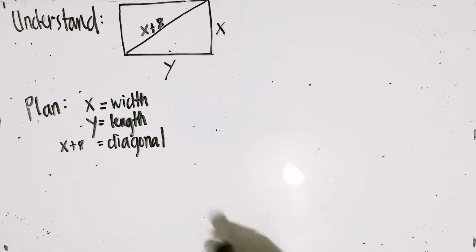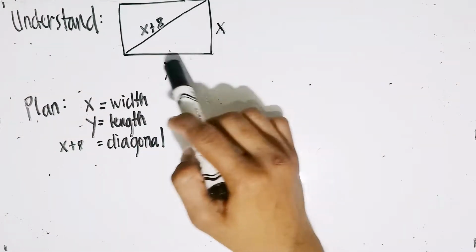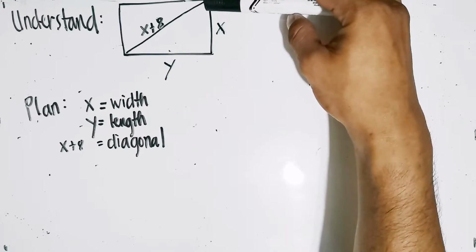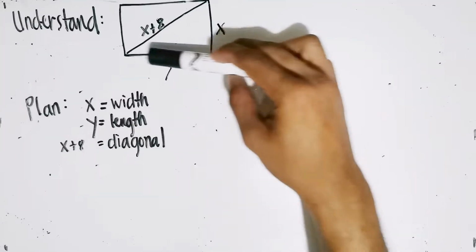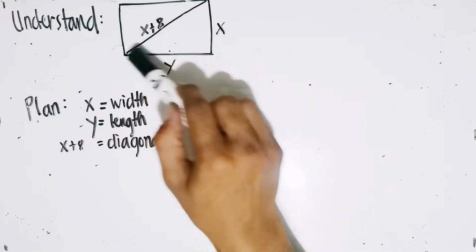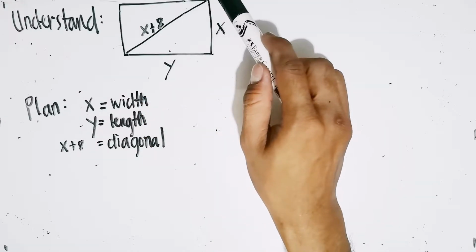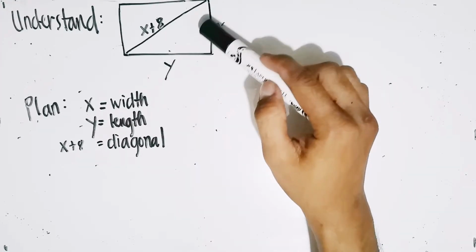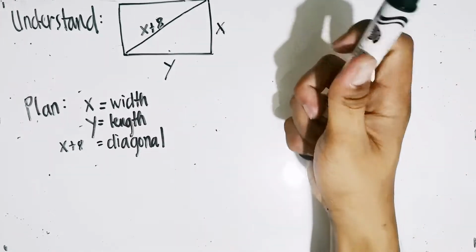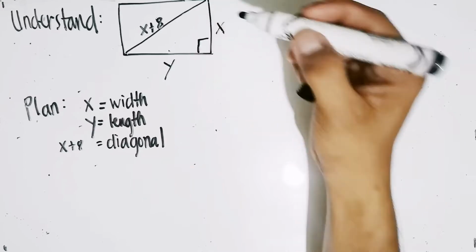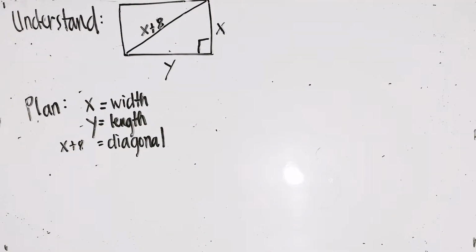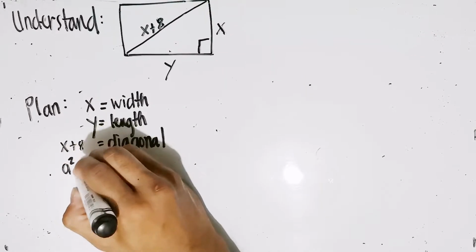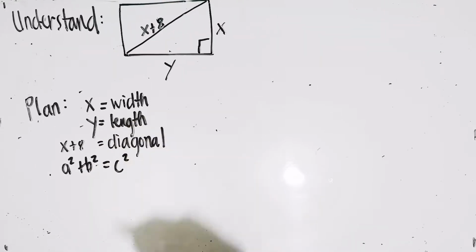Now, to solve for the value of this one, as we can see, when a rectangle is being divided this way, then we have a triangle in this part. If we have this right triangle, then we can use the Pythagorean theorem. The Pythagorean theorem states that a squared plus b squared is equal to c squared.